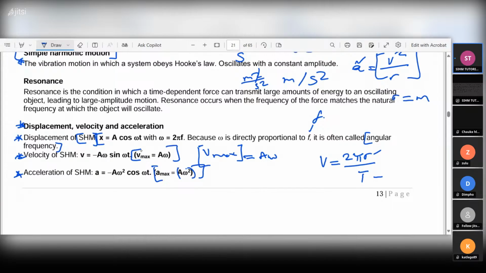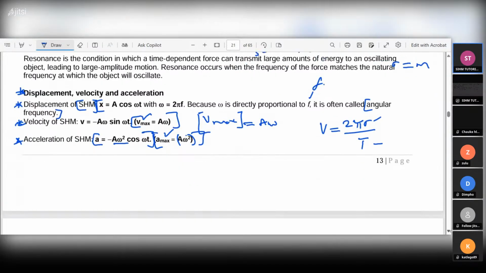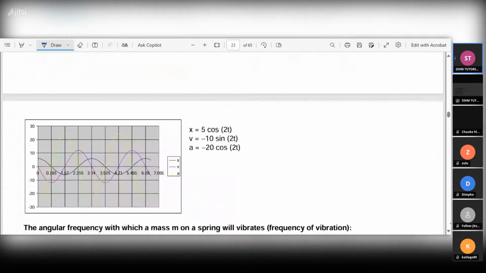So you have the maximum velocity, also the maximum acceleration. The acceleration of simple harmonic motion depends on this equation here, which assists you most of the time. Let's focus here.